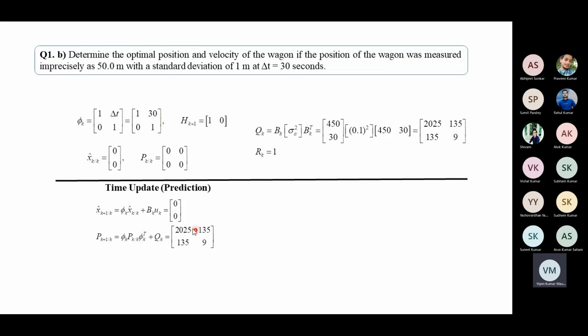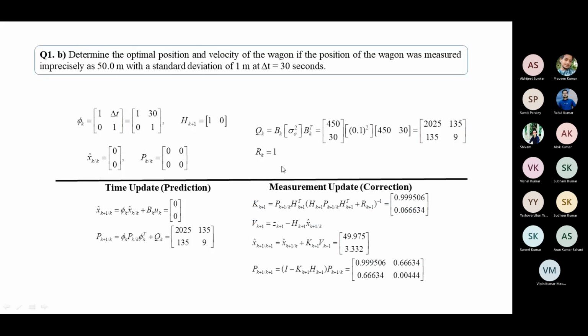So that was the first step. Now we have the initially predicted values. Now we will go for the correction, because we have the observation value of 50. Using the expressions, we will first compute the Kalman gain, then the innovation vector, and on that basis we will compute the corrected values of position and covariance matrix.